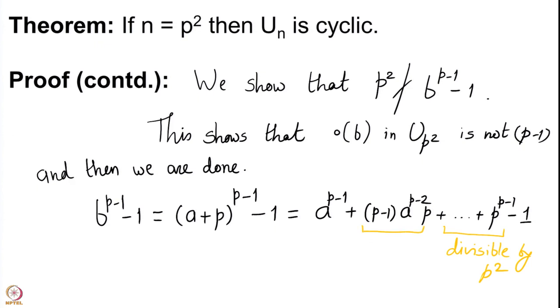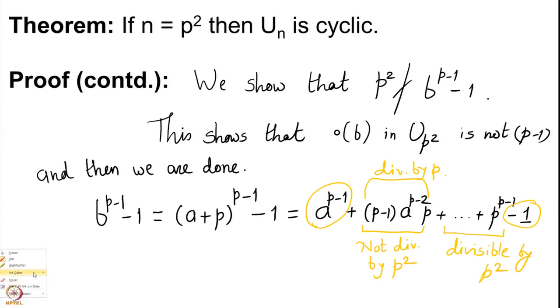This is not divisible by p squared, but it is divisible by p. And finally, we have a^(p-1) - 1, this is divisible by p squared.